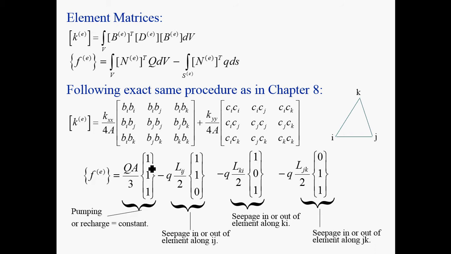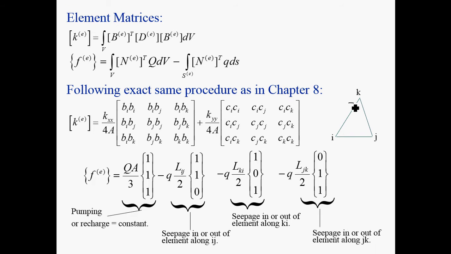So in the end, the load you have for the pumping recharge, you have for the seepage, which would be a negative in and out of the element, and the seepage in and out of the element using this, and then this would be the seepage in and out of the element using the different sides.